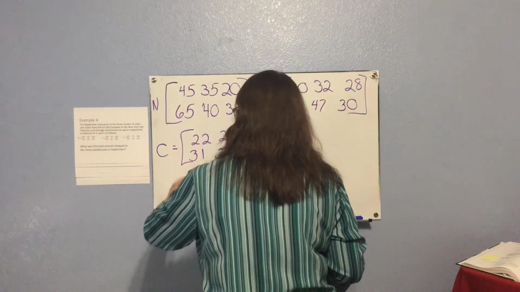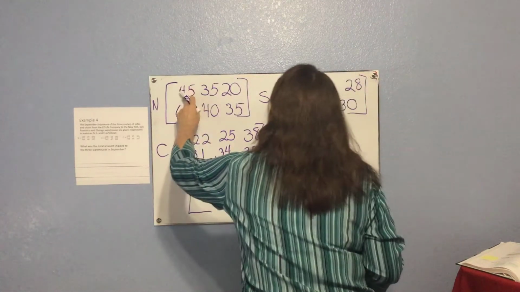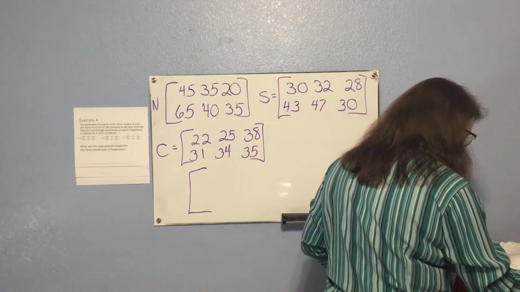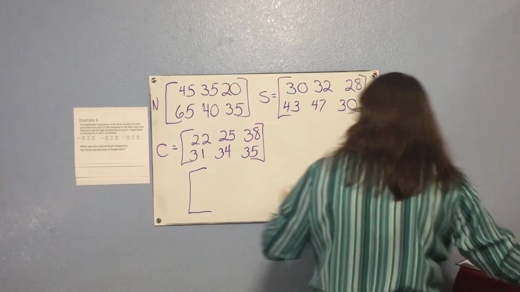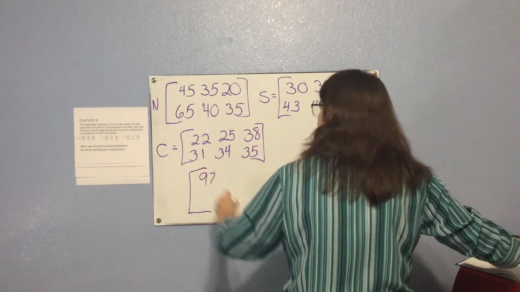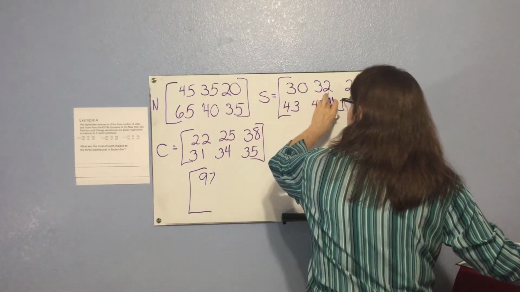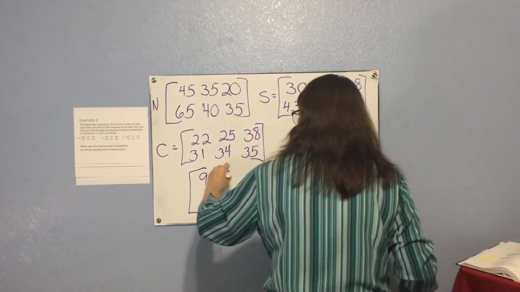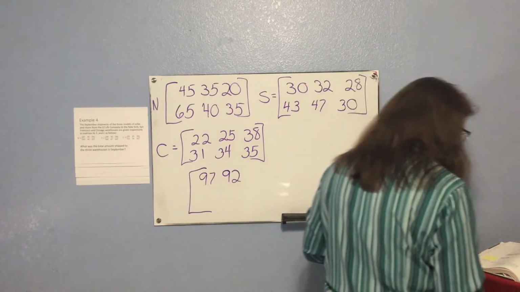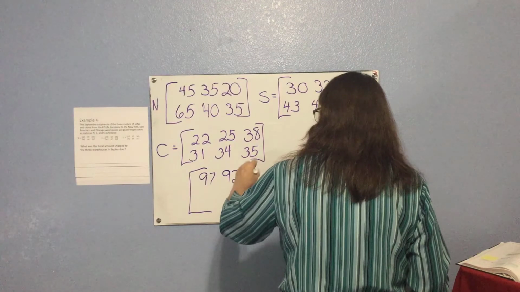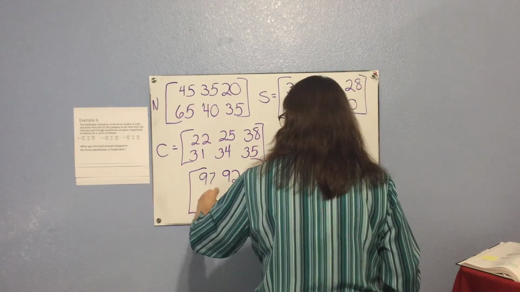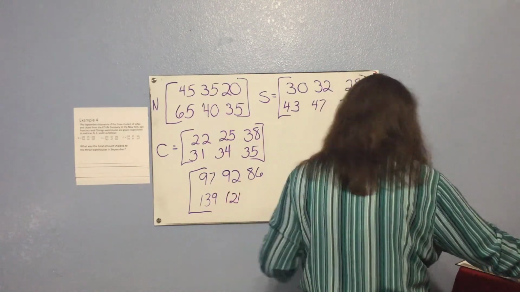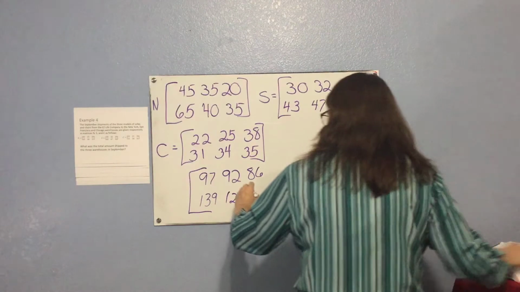To get this, I'm simply going to add 45 plus 30 plus 22, and I get 97 here. 35 and 32 and 25 gives me 92, and then the rest of the matrix is 86, 139, 121, and 100.